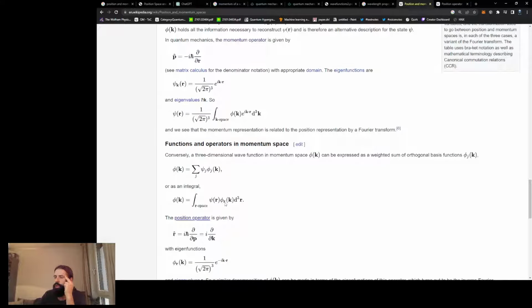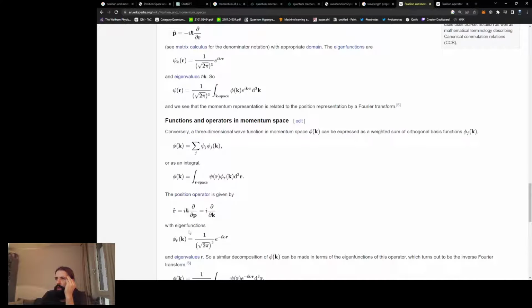So essentially what you're saying is that if these are the eigenfunctions of the position operator, these are all the possible positions.